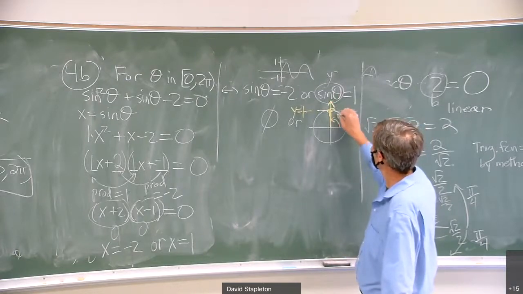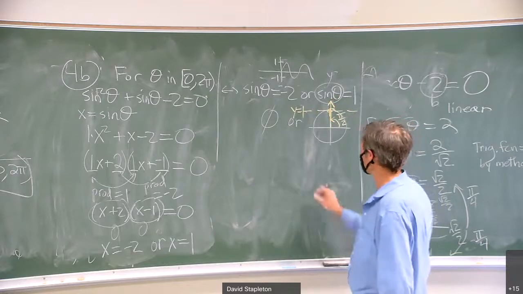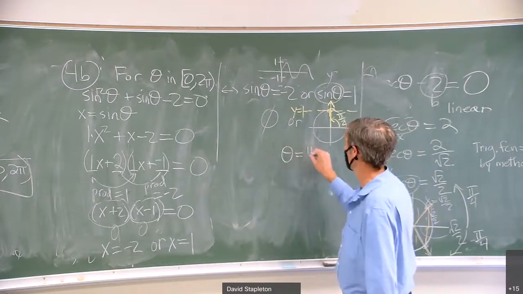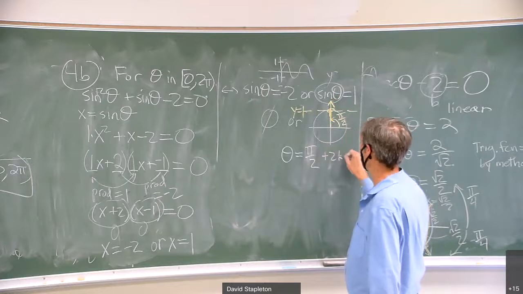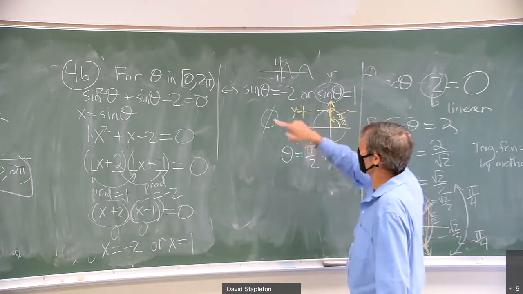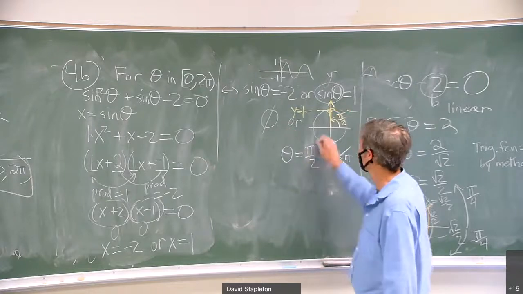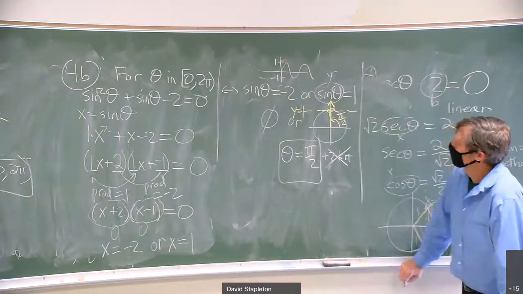Evidently pi over 2, right? What I have now is theta equals pi over 2 only. If I want all angles, I could put plus 2k pi, right? That's all angles with this terminal ray. But this is the only one between 0 and 2 pi. There it is.